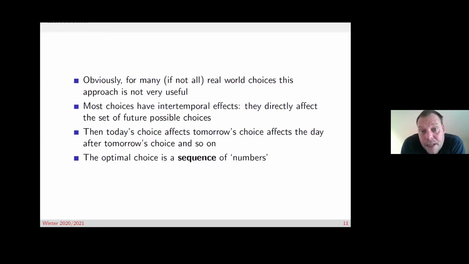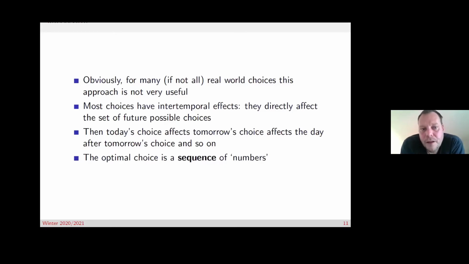But the thing is, in many real world choice situations, maybe even in nearly all real world choice situations, this is a very bad description of what people do.